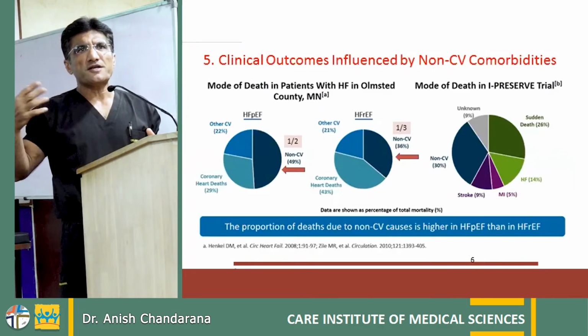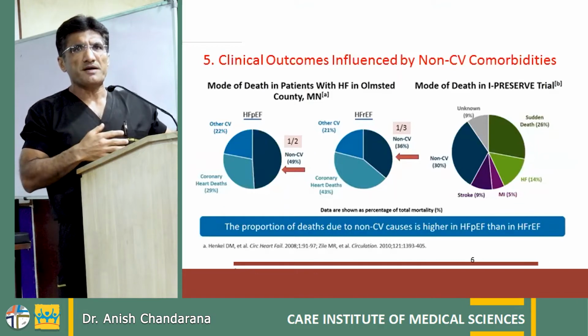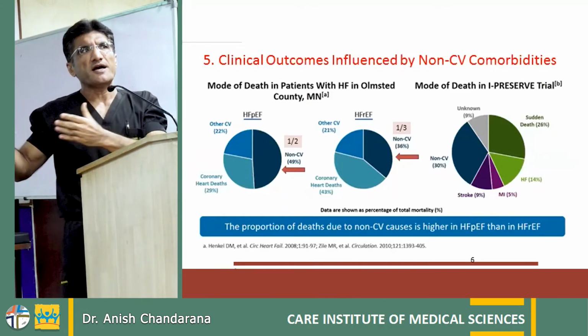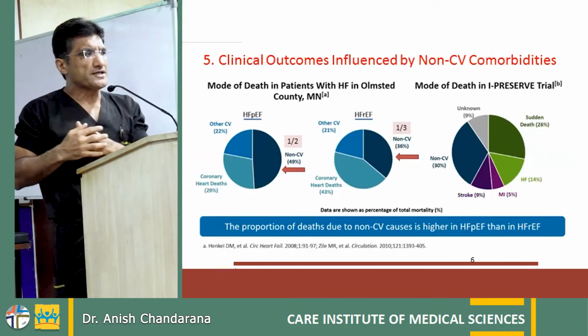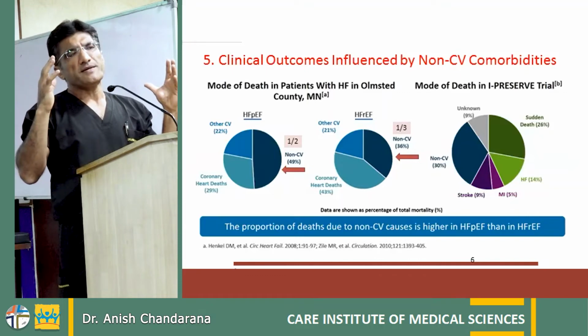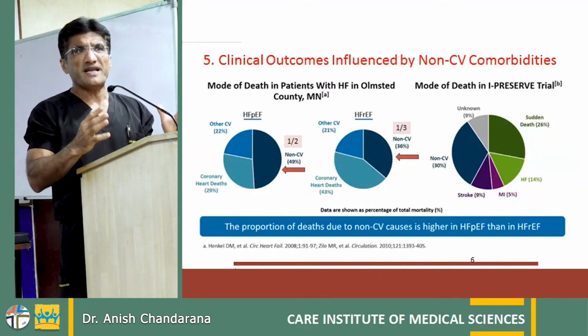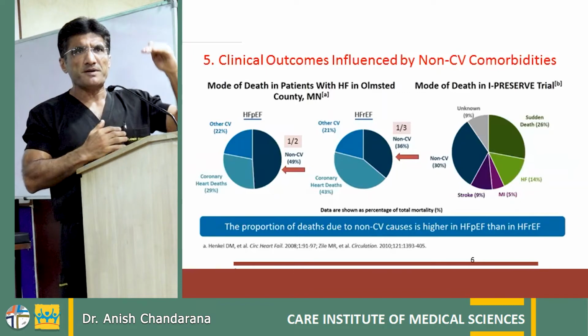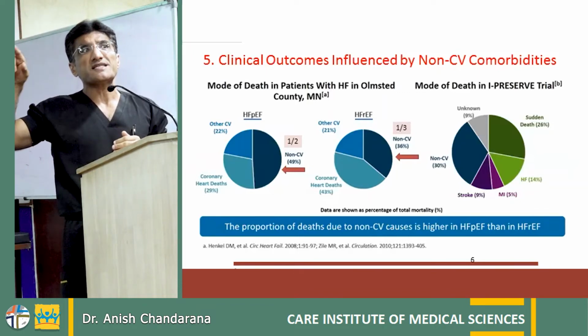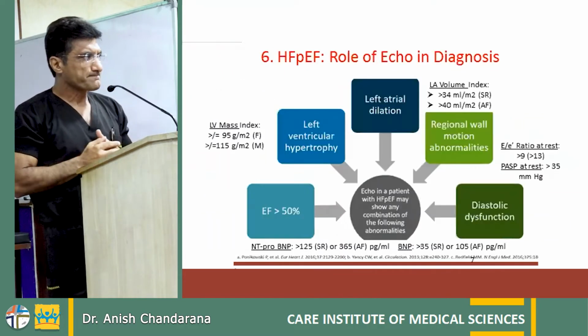So when patient has chronic kidney disease, patient might get HFpEF, but he or she will die because of CKD. Patient with chronic liver disease would get HFpEF. Again, they might die because of liver-related issues, COPD, obstructive sleep apnea. So this is very important. So HFpEF patients, when you manage them, you need to manage HFpEF, but at the same time, you have to pay attention to the comorbid conditions also because it is going to be the cause of death in them.